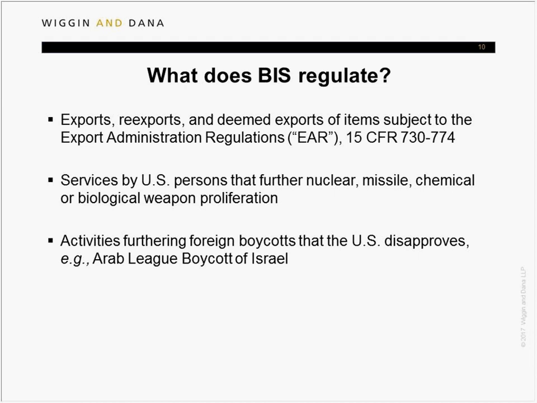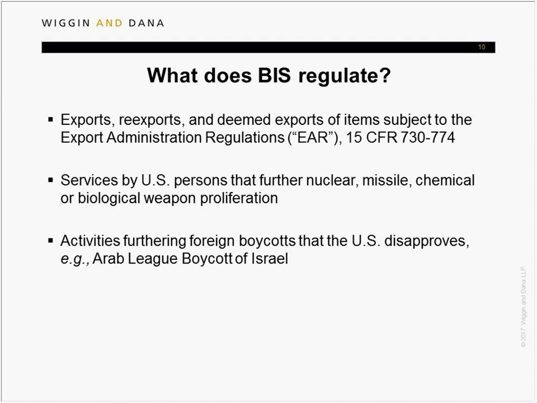In addition to actual exports of hardware and software and information, there are some circumstances in which BIS regulates services provided by U.S. persons. There are fewer circumstances in which BIS regulates services than the ITAR, for those of you who are ITAR experts, but there are still some, predominantly when those services would further nuclear, missile, chemical, or biological weapon proliferation.